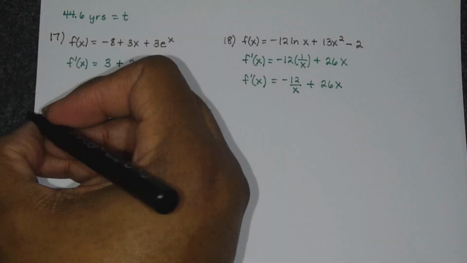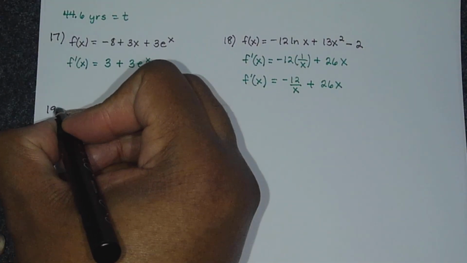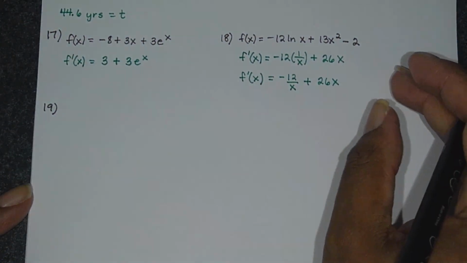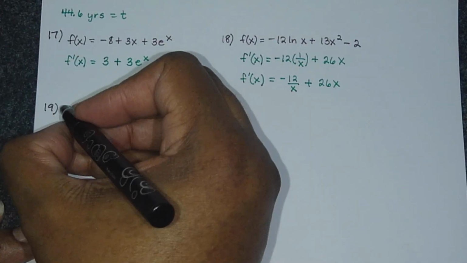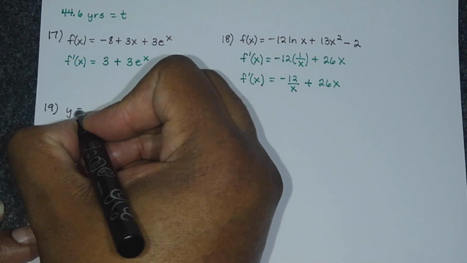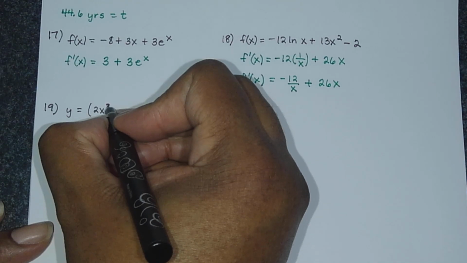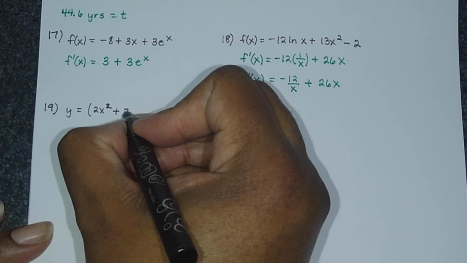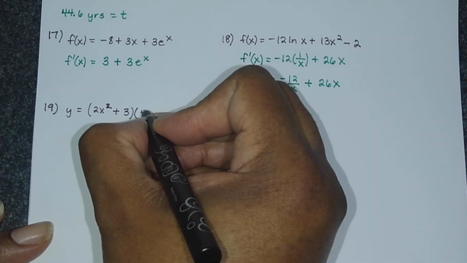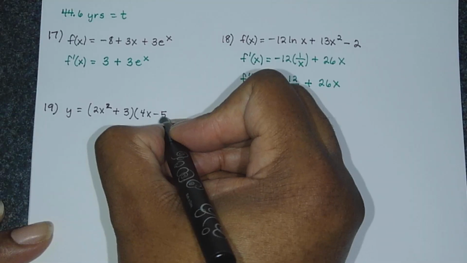Now in problem number 19, you're going to use the product rule to find the derivative of this function. y is equal to 2x squared plus 3 times 4x minus 5.